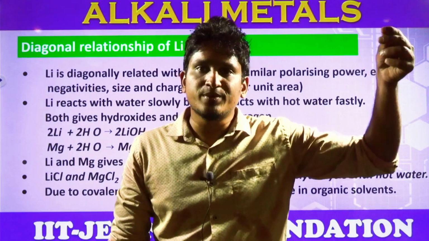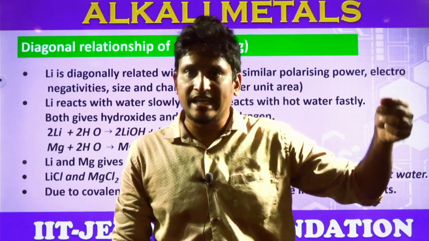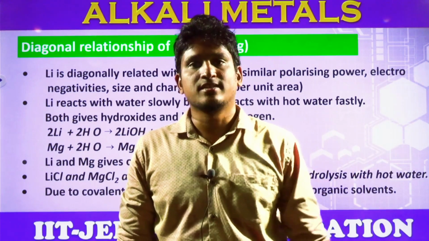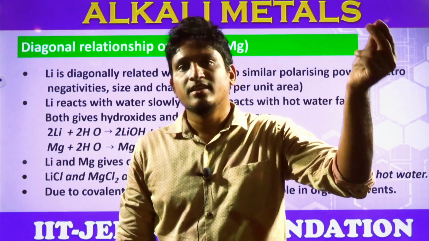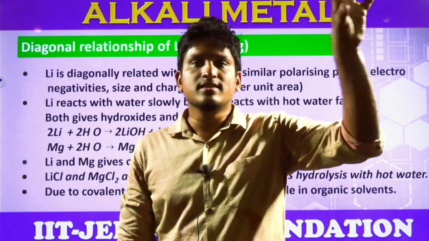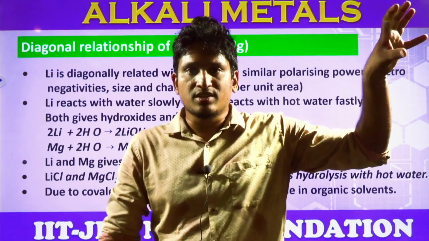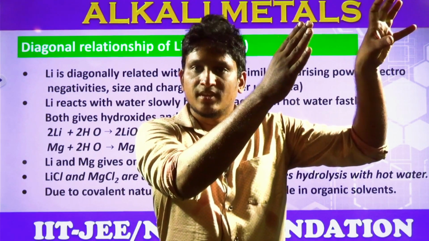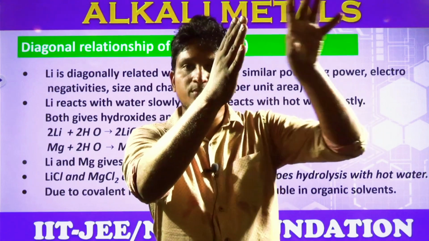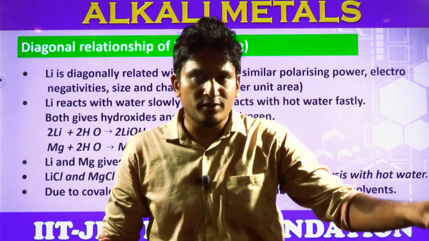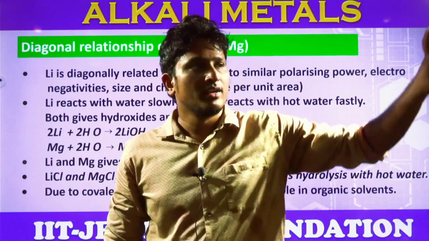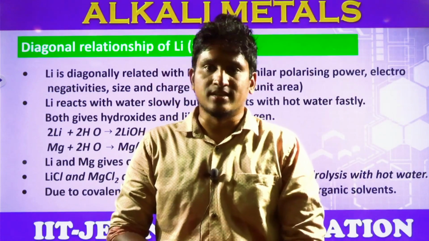The number of rupees each student carries increases top to bottom. Left to right, the number of rupees decreases: the corner one is 10, the next one 9, then 8, then 7. Top to bottom the rupees increase, left to right they decrease.